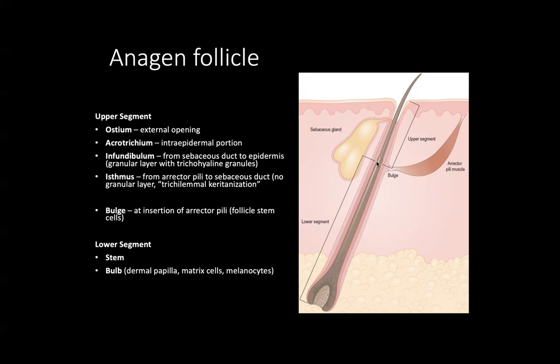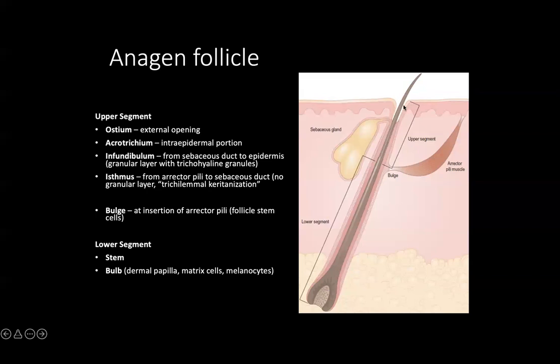The region from the insertion of the erector pili muscle all the way up to the sebaceous gland insertion is called the isthmus. So the top from the sebaceous gland up to the opening is called the infundibulum. And the way that people used to teach us how to remember the infundibulum is you can think about this like a fun slide that you're sliding down. It's fun to slide down here.